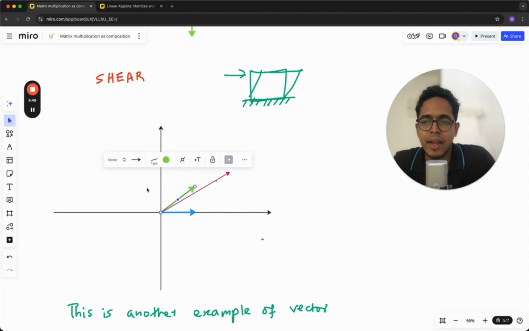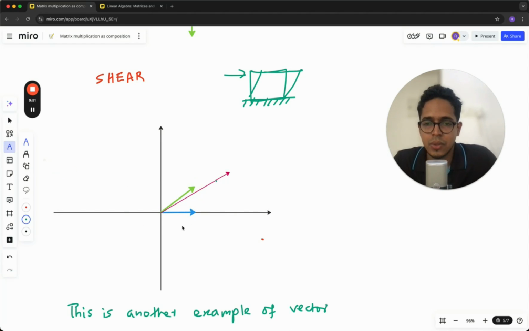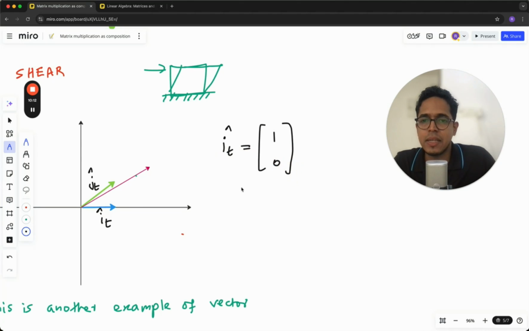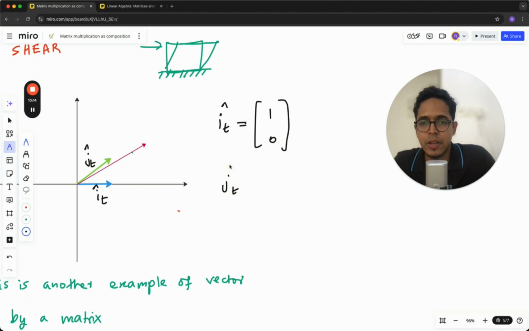And the i component will remain the same. So this is i, and this is i transformed. After transformation, i remains wherever it is. This is j transformed. So let's say the transformed value of i is 1, 0, which is the same as the original i, and the transformed value of j.